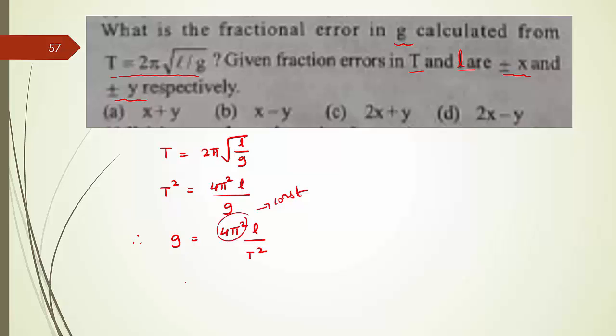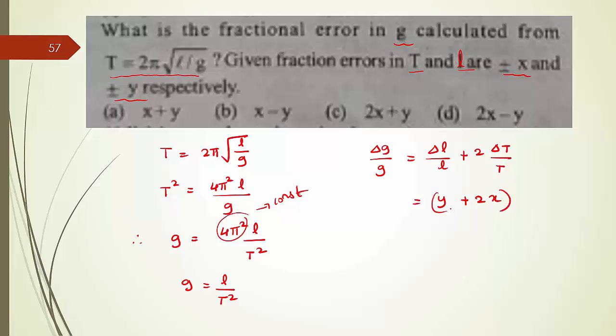Leave it. Remaining is what? G equal to L divided by T square. So we can find error in G. Delta G over G is equal to delta L over L plus, this is error in power, 2 into delta T over T. It is already given, fractional error in T and L are X and Y. L is having the error Y, plus 2 keep as it is, T is having the error X. It is given Y plus 2X.